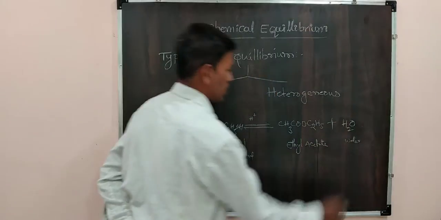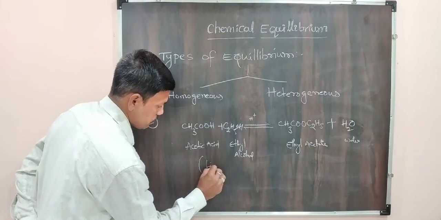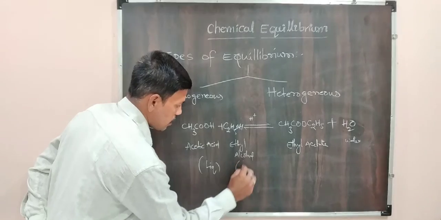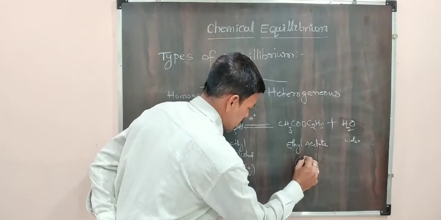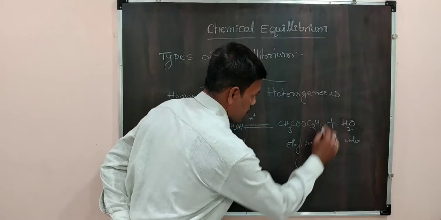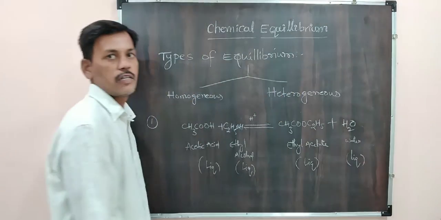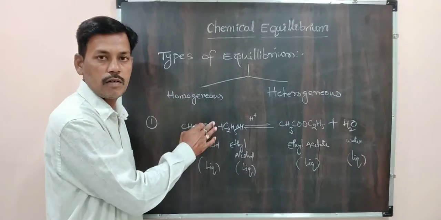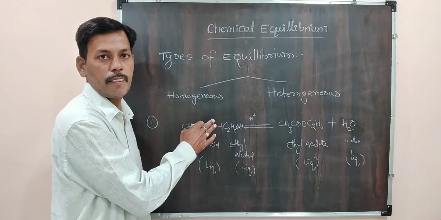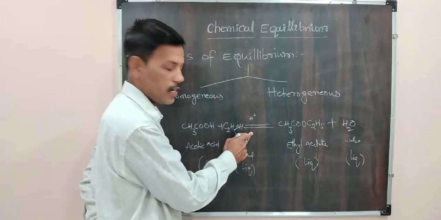Acetic acid is in liquid form, ethyl alcohol is also in liquid form, ethyl acetate is also in liquid form, and water is also in liquid form, right? So in this reaction, the reaction is in equilibrium state.